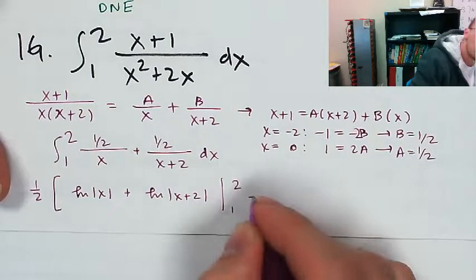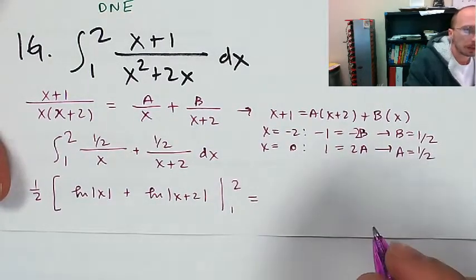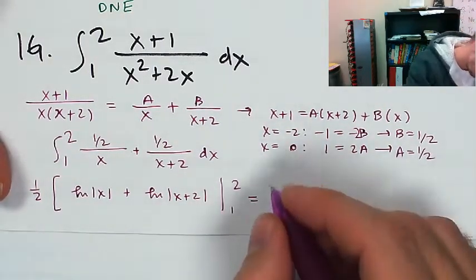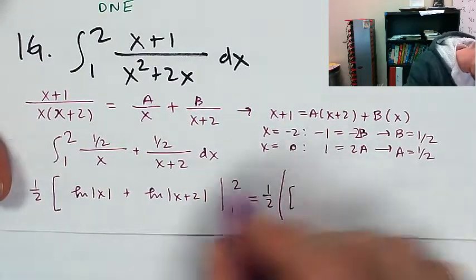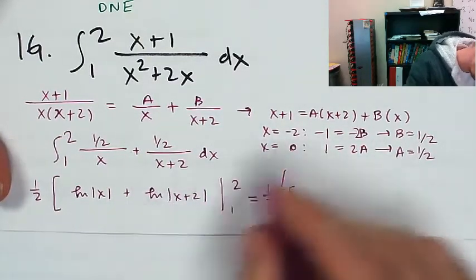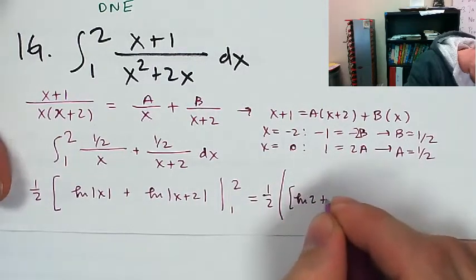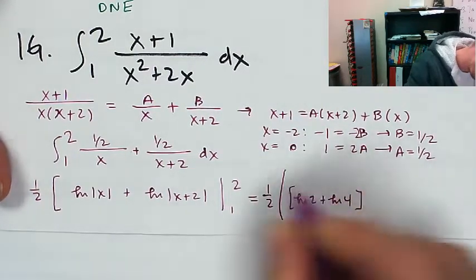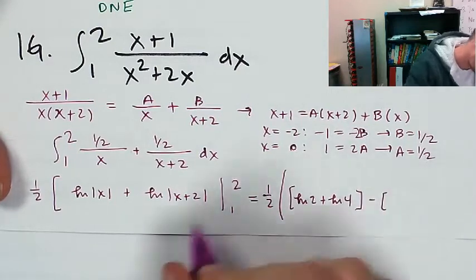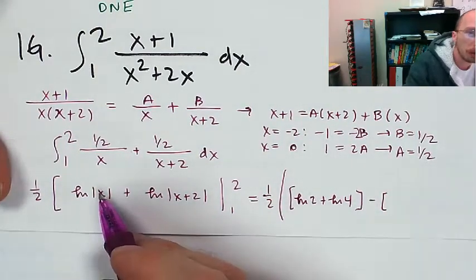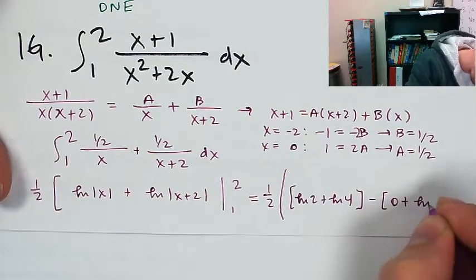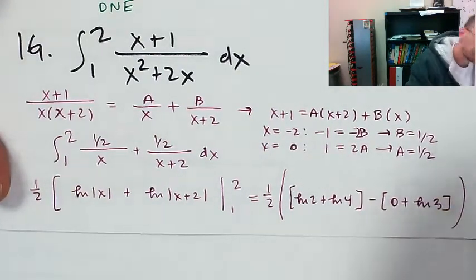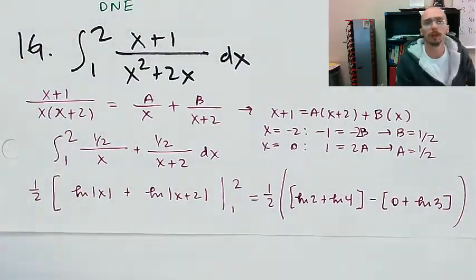And I'm going to let x run from 1 to 2. Okay, yeah, this should be pretty workable. So it's half of the first term, log of 2 plus log 4, minus, when I plug in x equals 1, log of 1 is 0 plus log of 3. And that's going to be suitable for us.